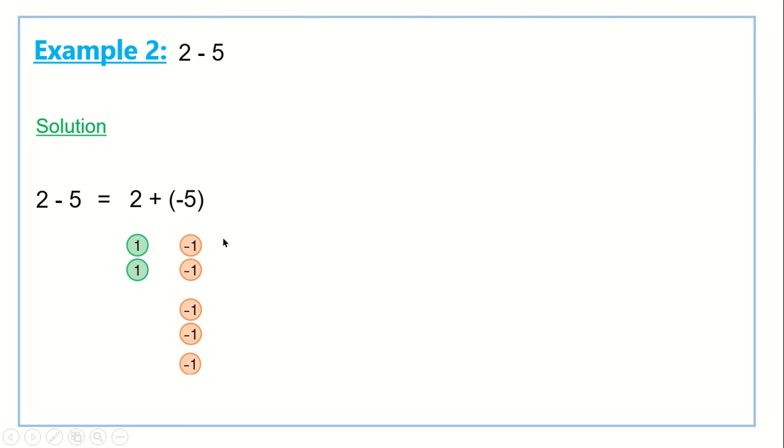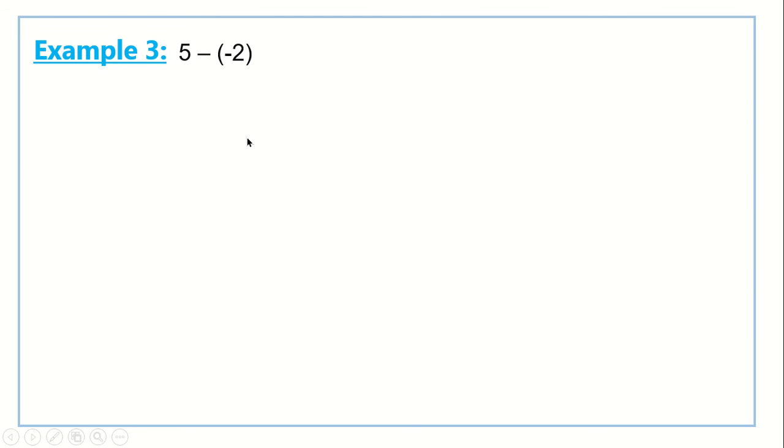Now, since I have 1 and negative 1, that will make a zero pair, and this 1 and this negative 1 will make another zero pair, such that I remain with negative 3. So negative 3 becomes our answer.